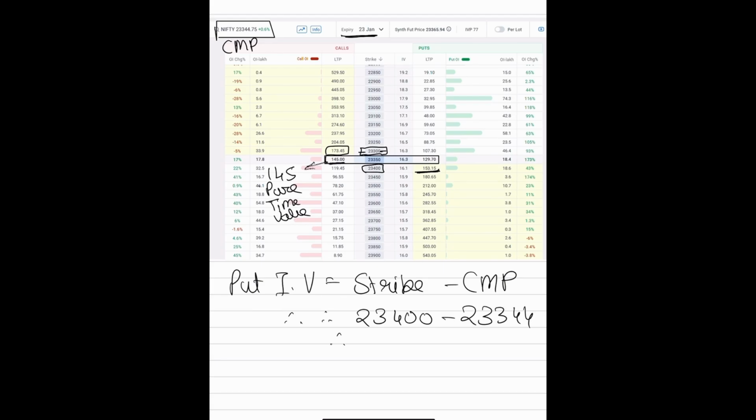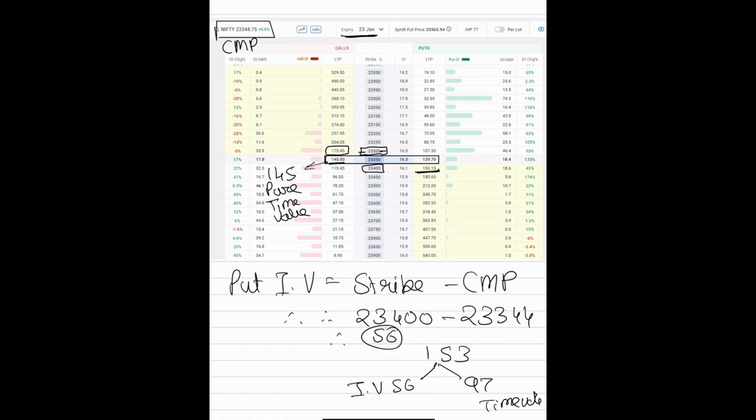That comes out to be 56. So of 153, 56 is intrinsic value, and 97 is the time value.